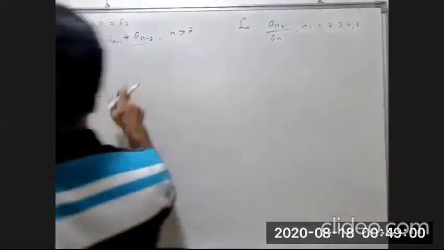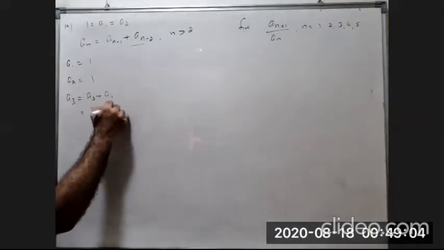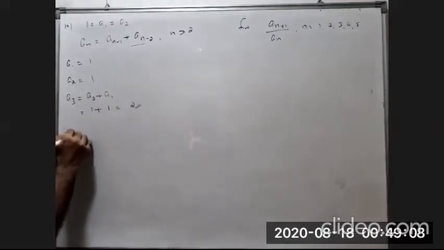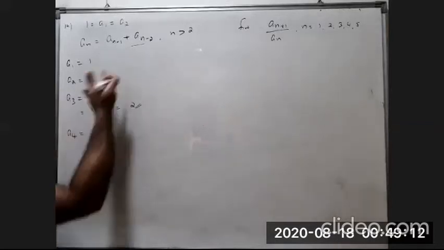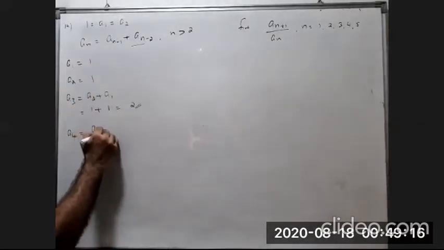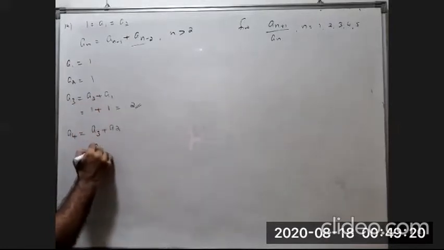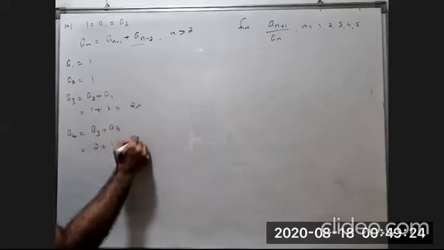So a2 plus a1. What is a2? 1 plus a1, 1. That is 2. a4 is the sum of the previous two terms. The previous two terms are a3 and a2. a3 is 2, a2 is 1, that is 3.